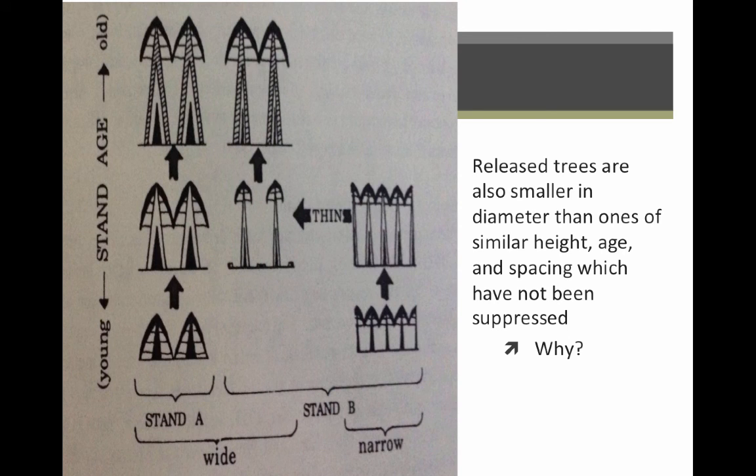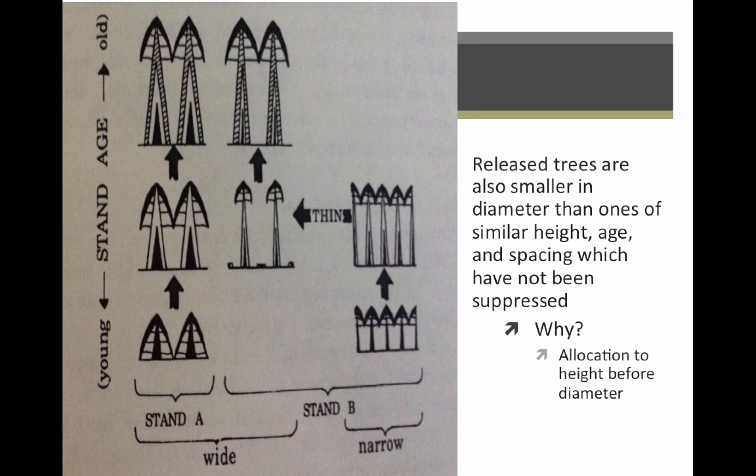Why do you think, even though these trees are the same age, why might stand B have a smaller diameter than the ones of stand A, even though they're similar height and age? What impact did spacing have on them? The reason is because we're allocating to height before diameter.